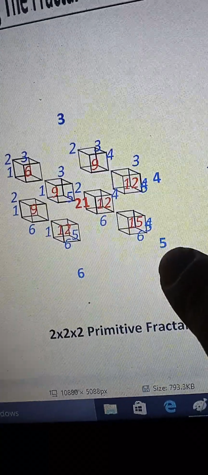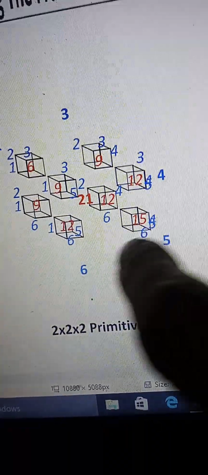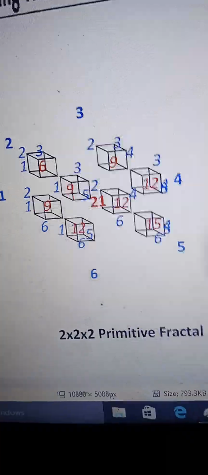And 4, 5, and 6 is 15. So these only give the primitive of the inner ghost numbers. Now I'll show you what that means in a second.